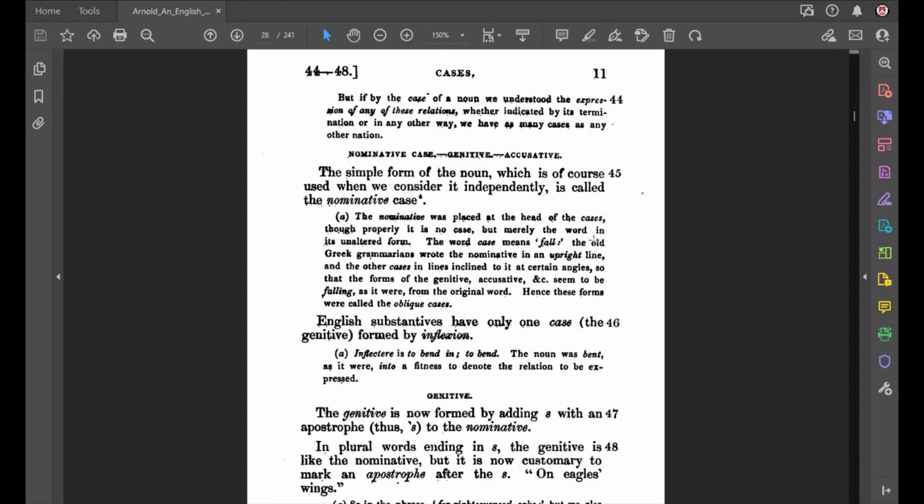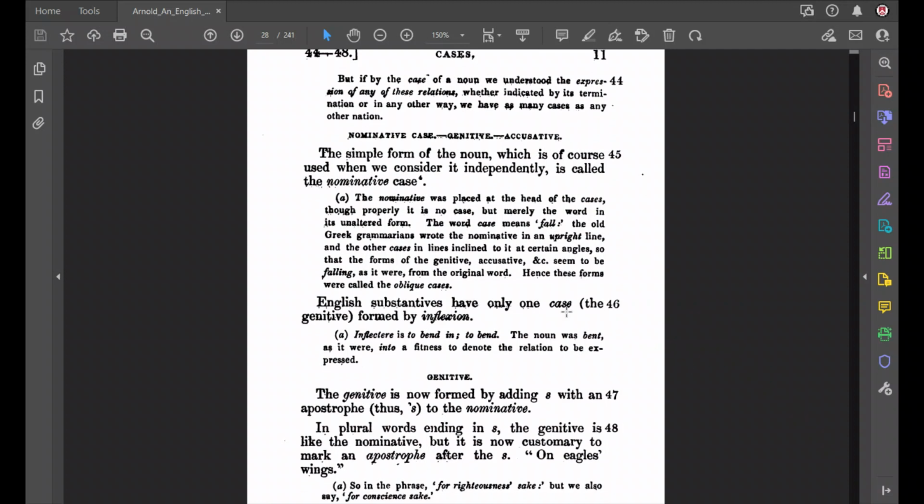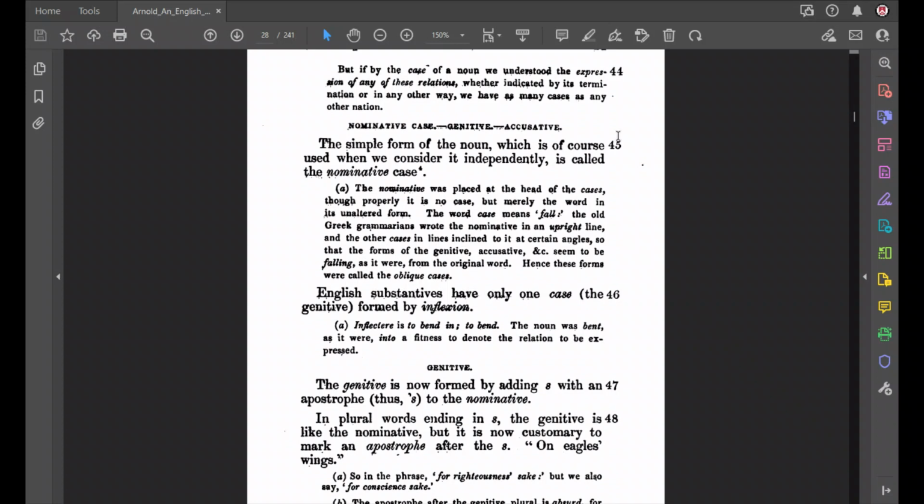So the nominative case, which is the simple form of a noun by which a thing is named, is the first case. We then learned about the genitive case, which expresses origin or possession and is usually marked in English by an apostrophe S. We talked about that a bit.